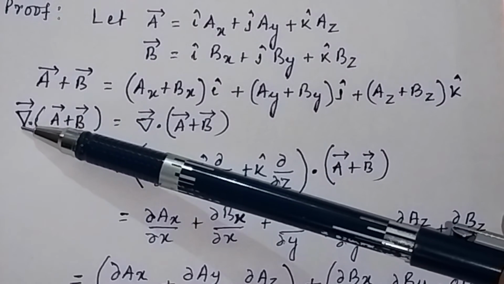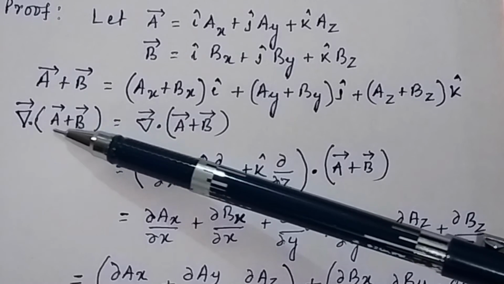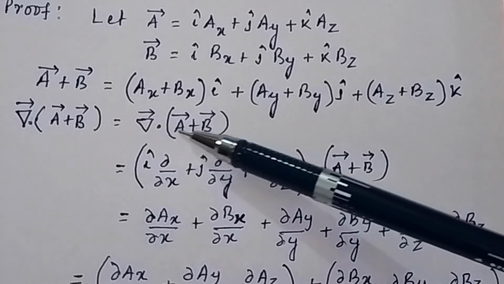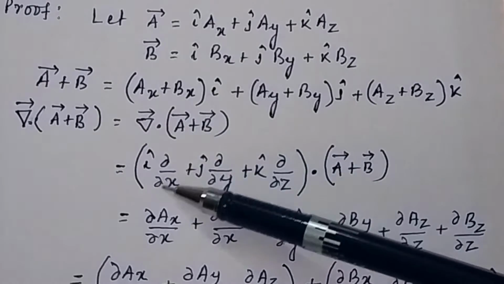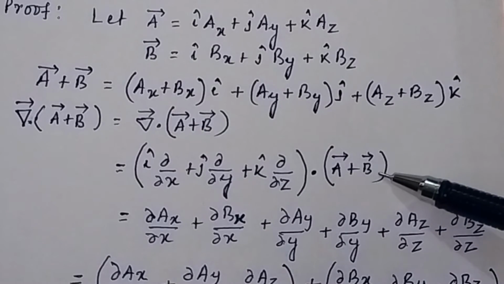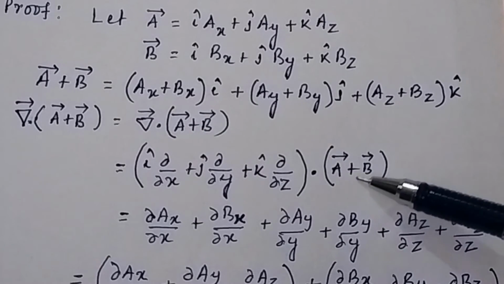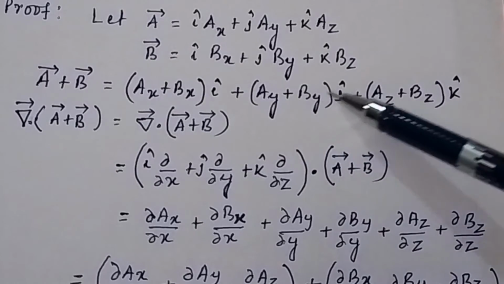Here, divergence of a plus b is equal to del dot (a plus b), and this is your del operator dotted with a plus b. Here a plus b is equal to this vector.